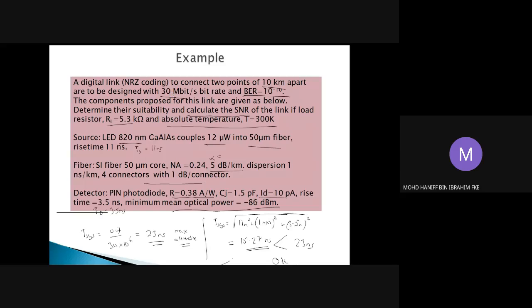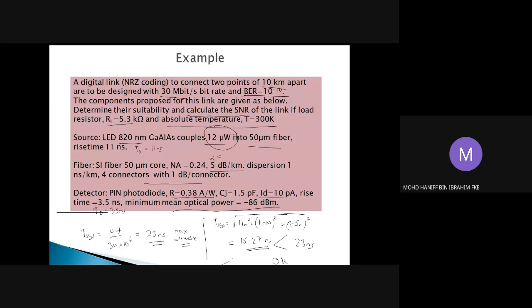For the power budget, you have the equation where PTX minus PRX shall be equal to the channel loss. Based on the previous question, the PTX is given to be 12 microwatt.